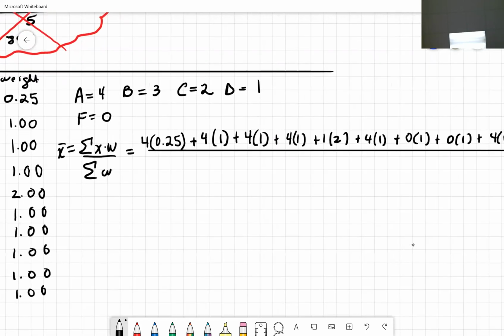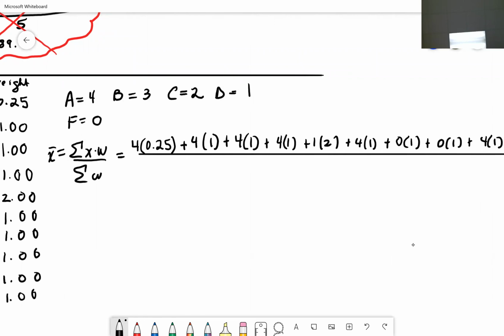And now we add the weights at the bottom. The bottom will be the denominator. Plus 1, plus 1, plus 1, plus 2, plus 1, plus 1, plus 1, plus 1, plus 1. So we have 1, 2, 3, 4, 5, a 2, a 1, a 1, a 1, and a 0.25. All right, so we begin carrying out this math. 4 times 0.25 is 1.